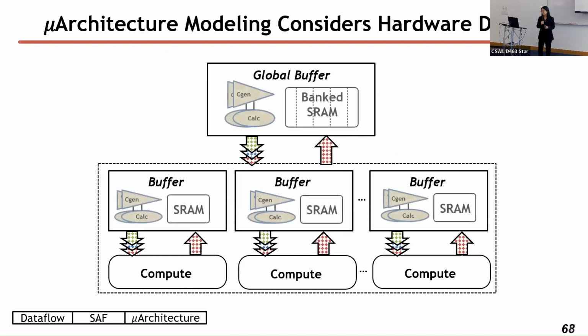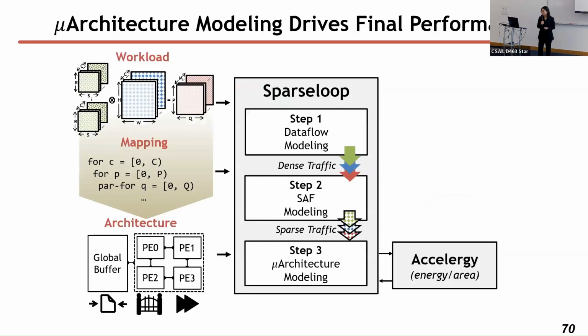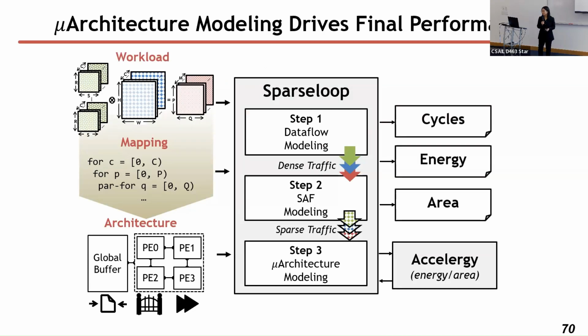For example, what are the controls in your memory levels and what is the exact implementation of your SRAMs. It also considers similarly the compute levels, where what arithmetic computation actually happens in the hardware is all considered. So in the end, with these detailed information about the hardware, we can then generate the cycle counts.